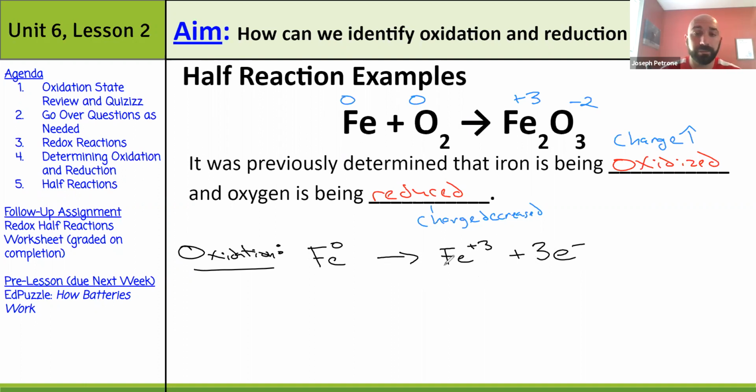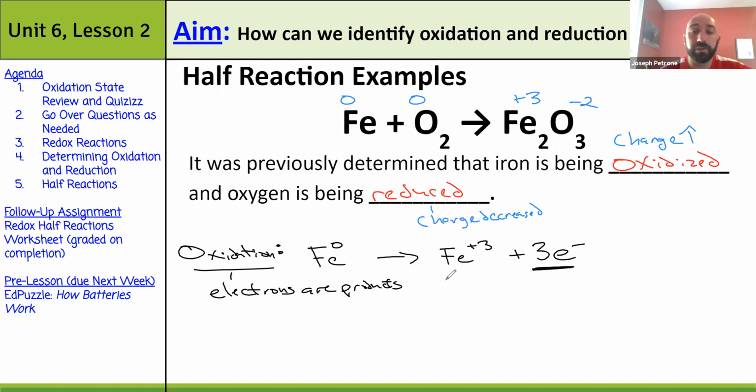A couple things to note here. One, the oxidation process, as I mentioned, means that electrons are being released or lost in this case. So electrons will be on the product side of all oxidation processes. Electrons are products. And then one other thing to note is that we are following a concept known as the conservation of charge in these processes.